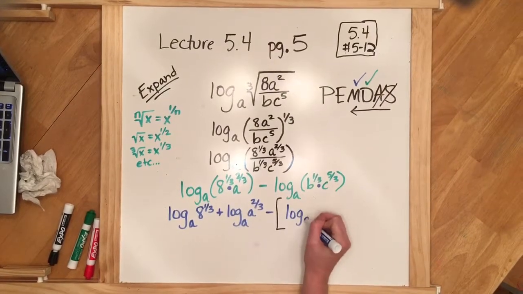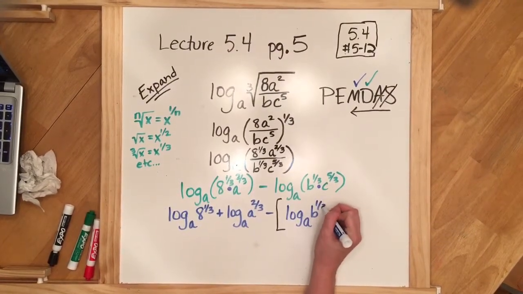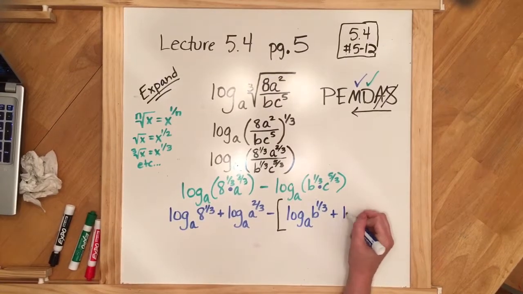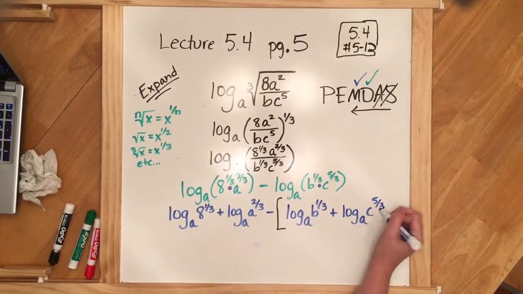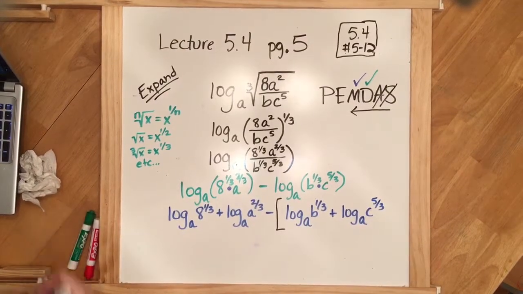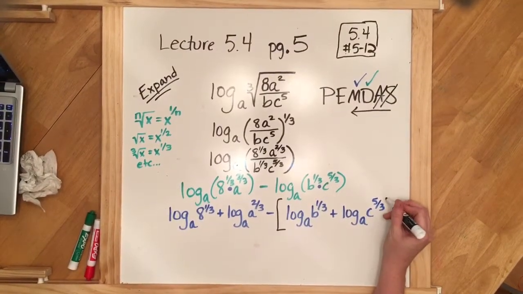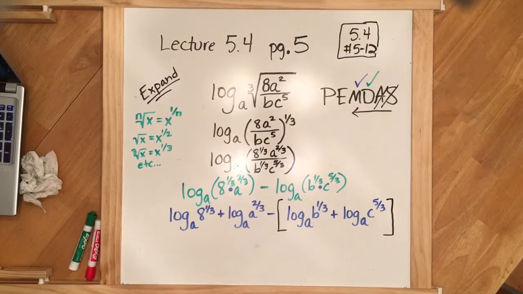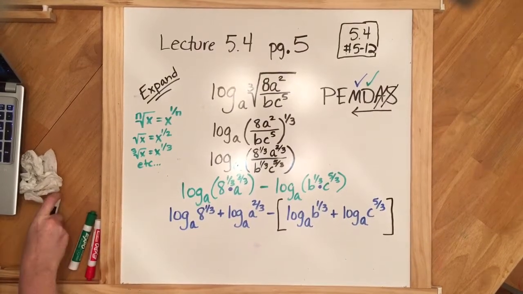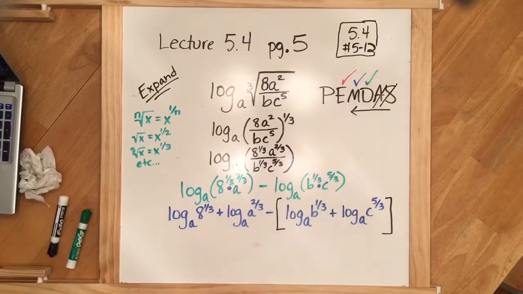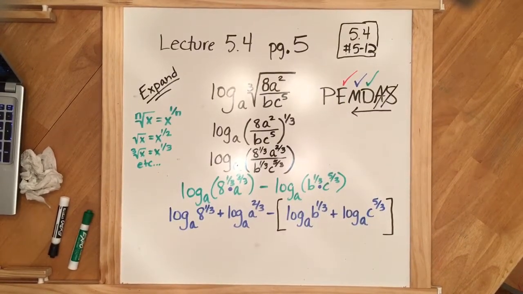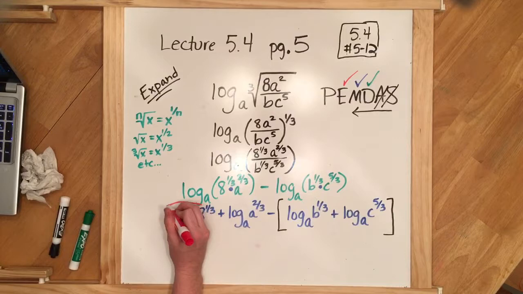Log base a b to the 1/3 plus log base a c to the 5/3, and then I'll close my bracket. And then next we see our exponents. So we are going to bring all of our exponents out to the front.